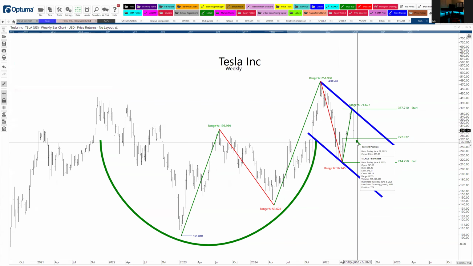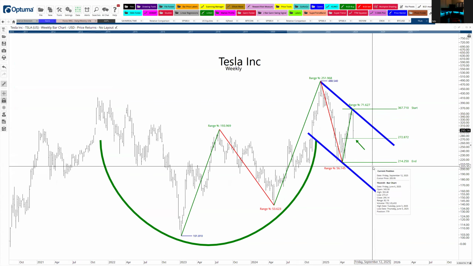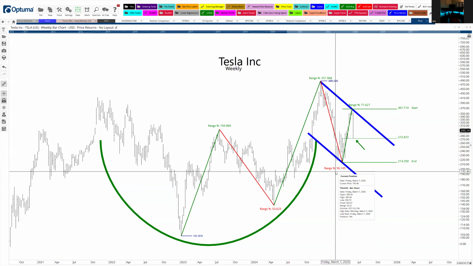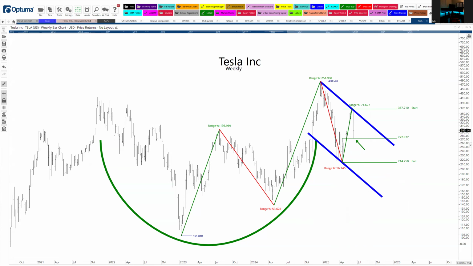If it is trying to form a handle here in the coming weeks, you need volume. Volume is very important. It's the same thing as when you have a head and shoulder pattern.